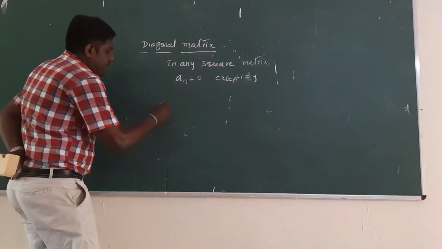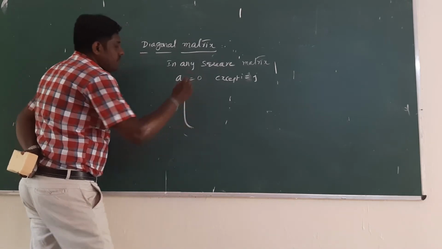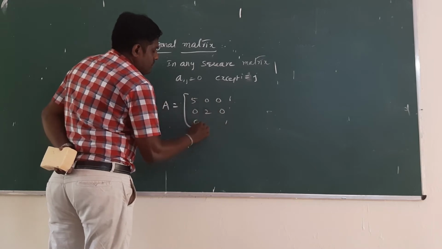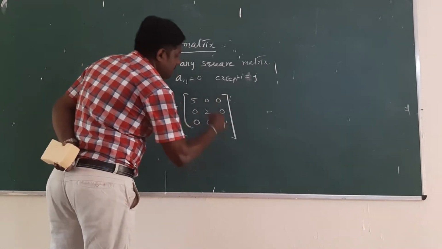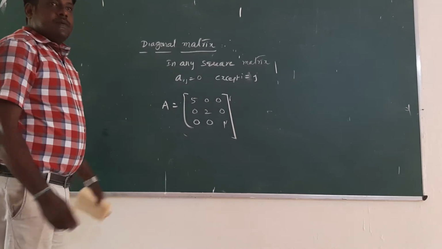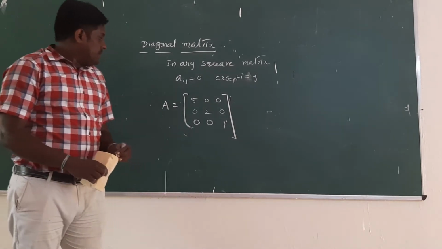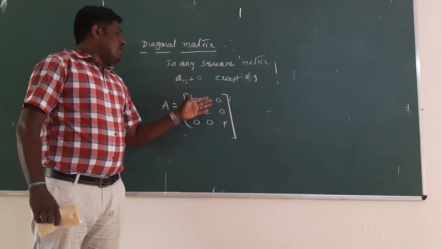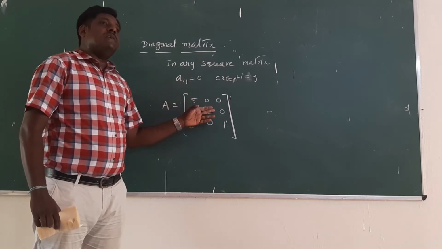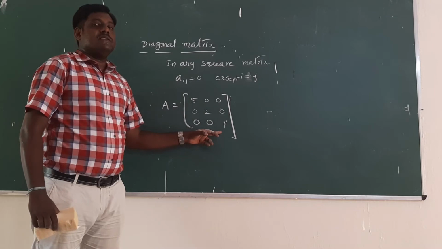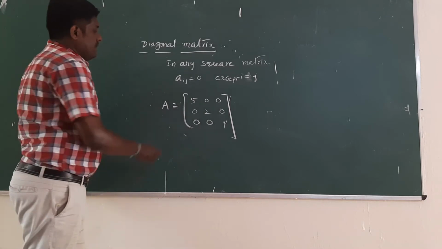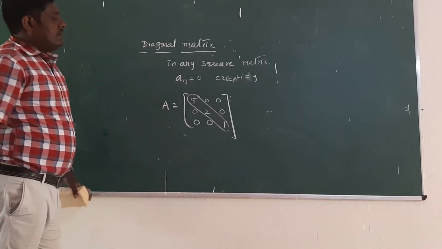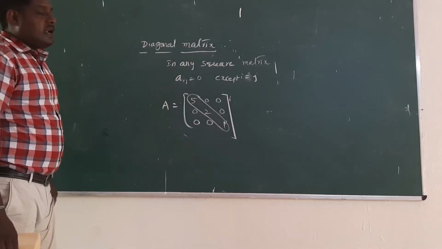See the example. A is equal to the matrix 5, 0, 0, 0, 2, 0, 0, 0, 1. All elements are equal to 0 here except the elements present in the principal diagonal. This is the principal diagonal.